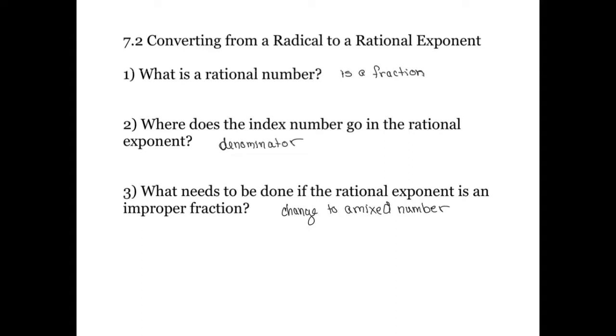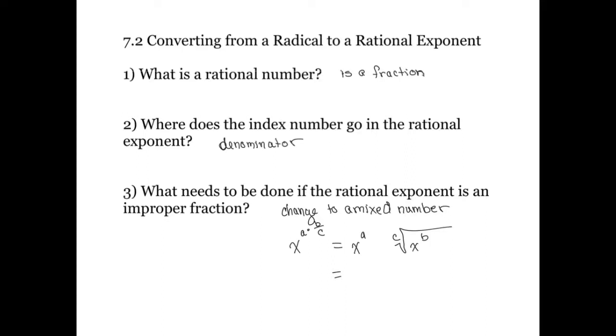Remember, if we had, let's say, x to the a and b over c, that's what we ended up getting when we changed it to a mixed number. Then we said x to the a, and then we changed this to the c root of x to the b.